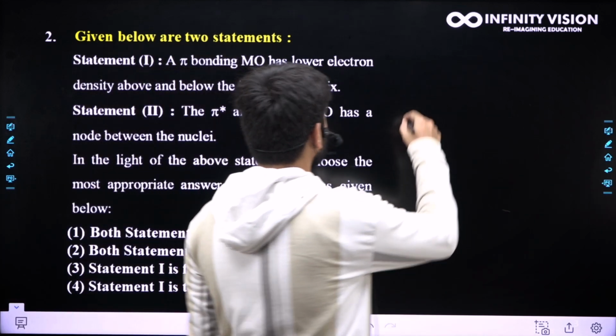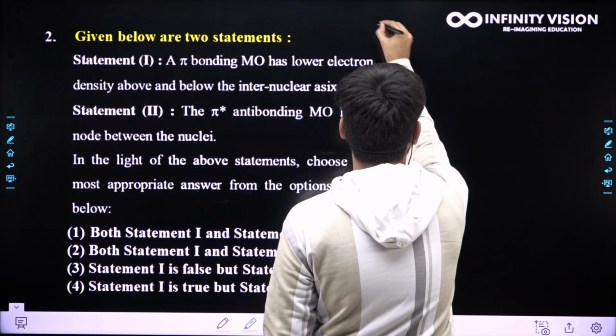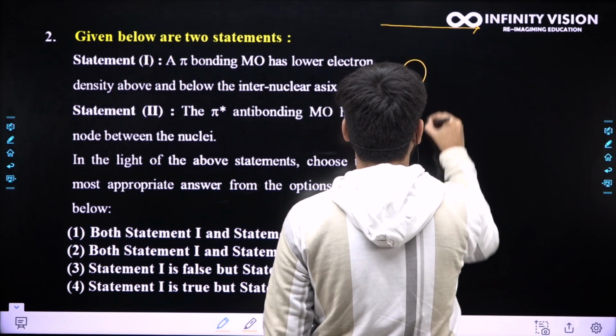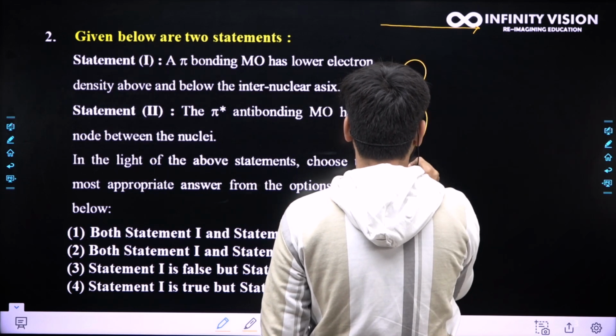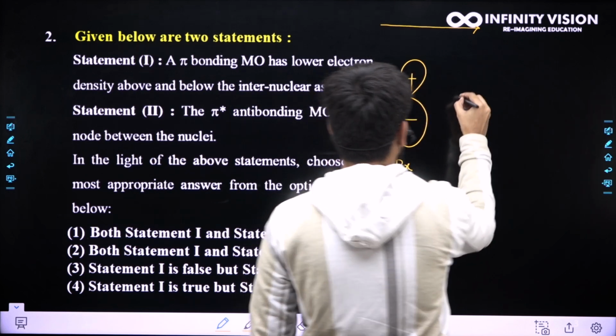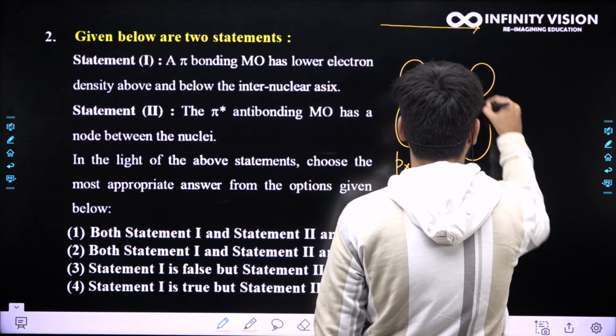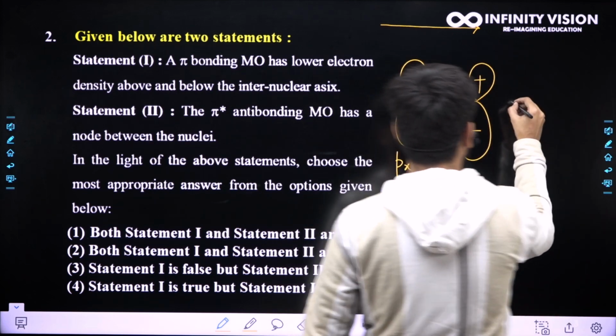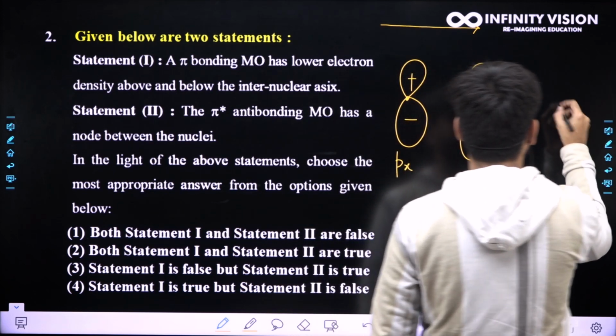Let us see. So suppose this is my internuclear axis. This is my, for say, px of 1, combines with the px of another, and they are combining in phase, right? So what type of molecular orbital do we get?